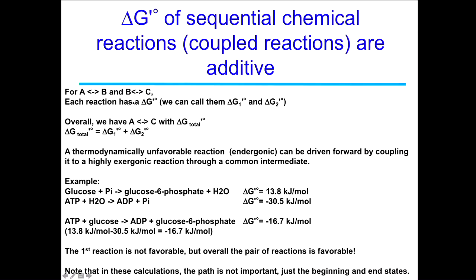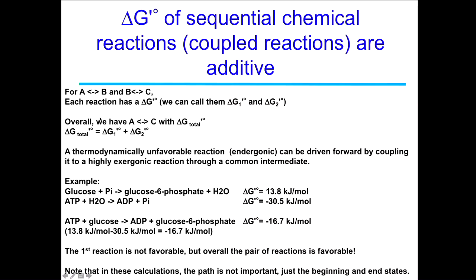Each of these two reactions has a standard free energy change. As we do these different calculations, we'll call them delta G sub 1 and delta G sub 2. Okay, so reaction 1, reaction 2.